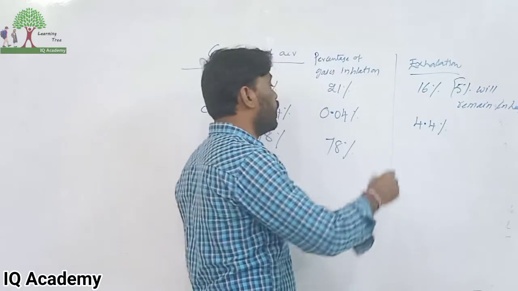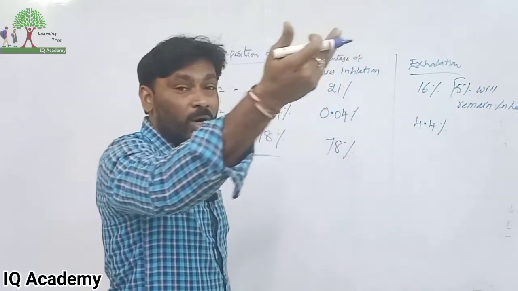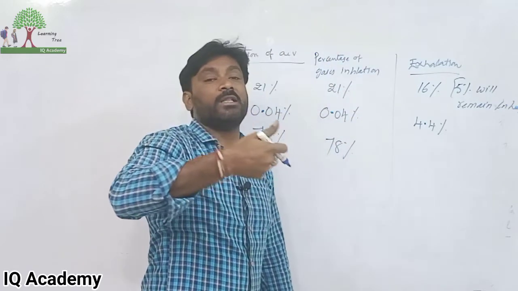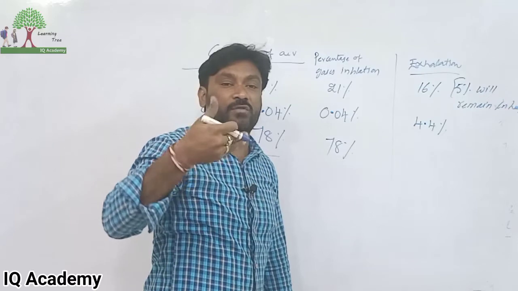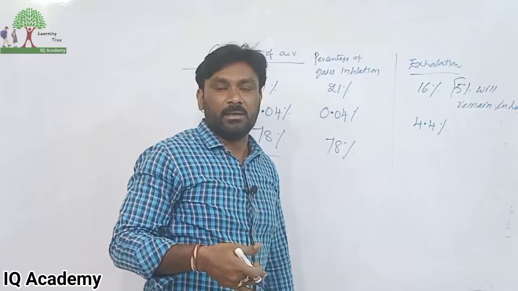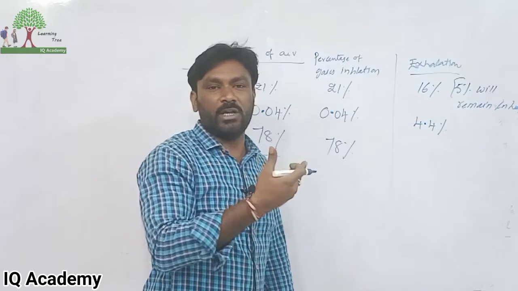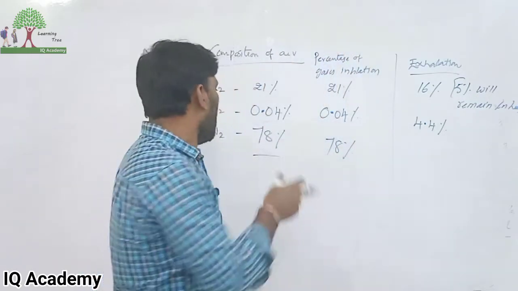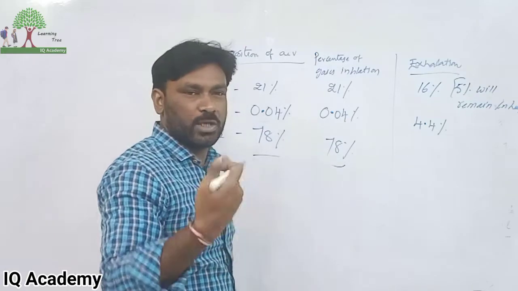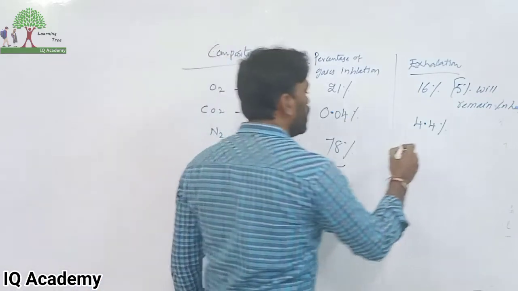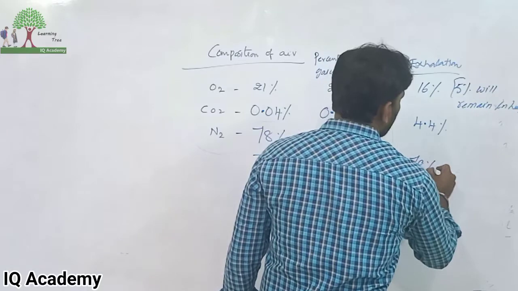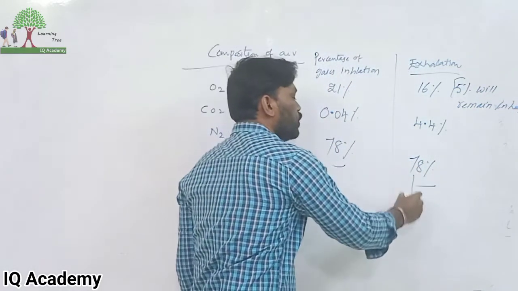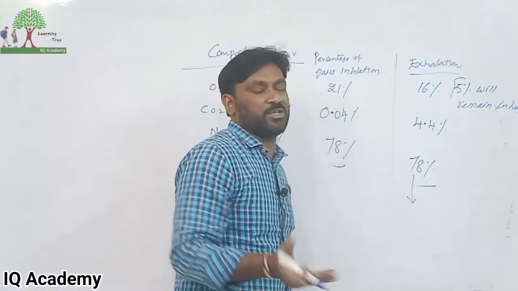4.4% we release, much more, because the carbon dioxide is diffused more in the blood compared to the surroundings. So we release 4.4% of carbon dioxide, and 78% of nitrogen we inhale, and as it is 78% we exhale, because there is no use of nitrogen in our respiration.